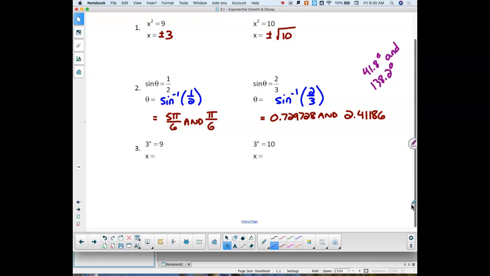We got one? 2. 3 squared is 9. So x has to be 2. Right? What value of x has to go into the other one to get me 10? Don't know, do we? Don't know.